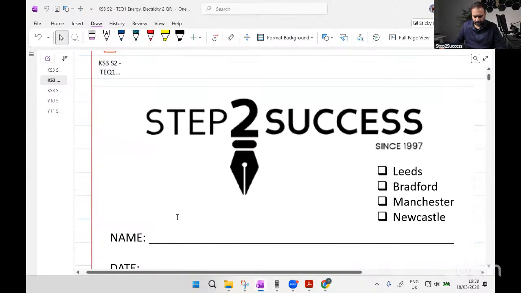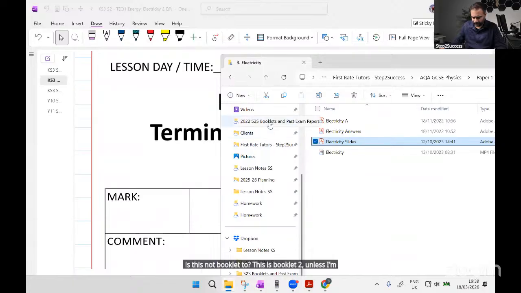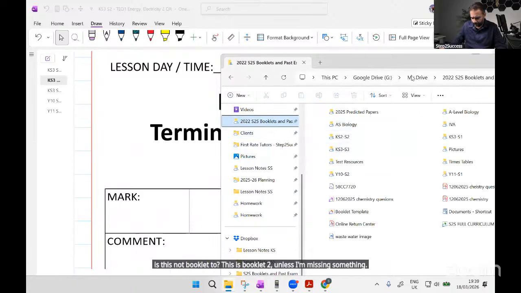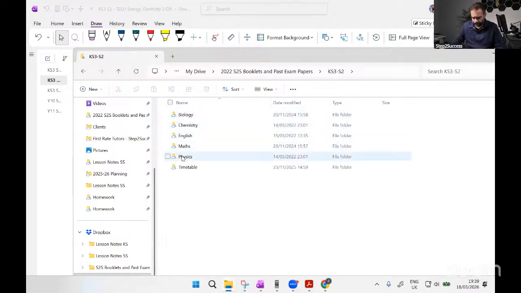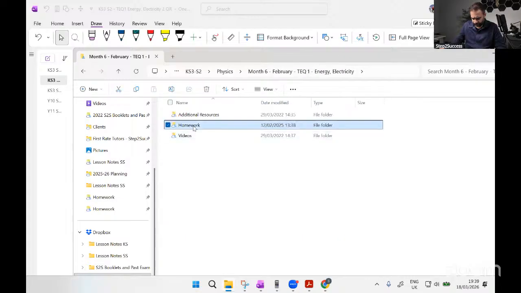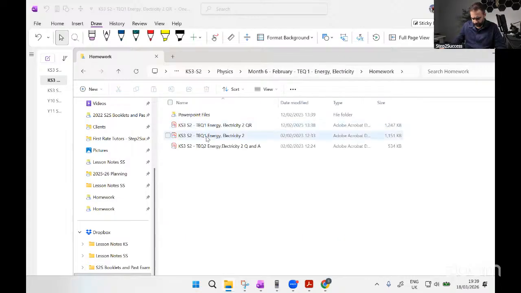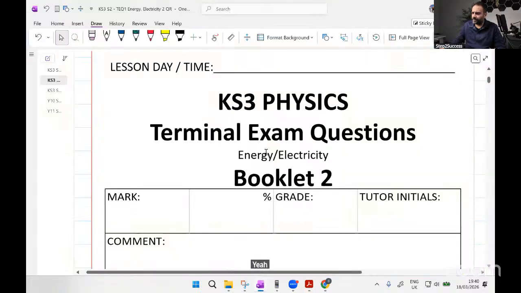This is not booklet two. This is booklet two, unless I'm missing something. I'm not confused, because that is booklet two.